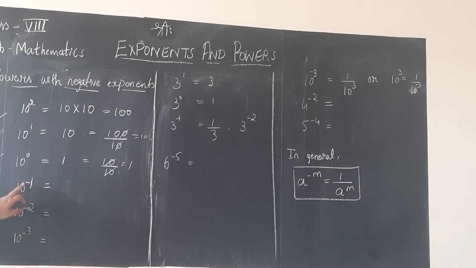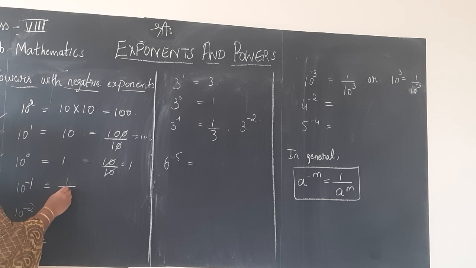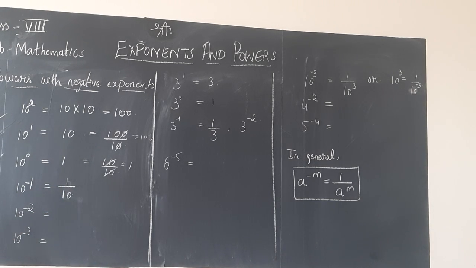Any number, if its exponents are negative, children, what you should do is write that number as 1 divided by whatever the base number will be, that base number you will write. Here I have base 10, so I am writing base 10. Next, look, what is its exponent? You have minus 1.